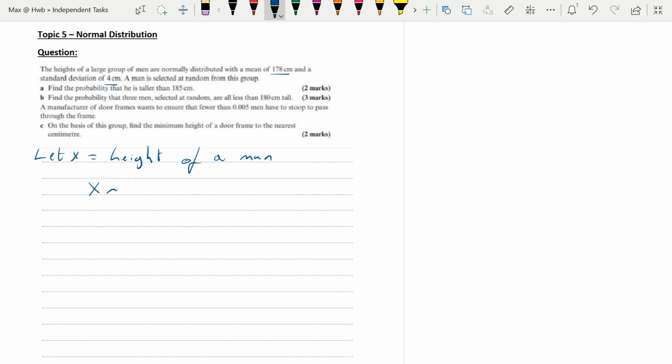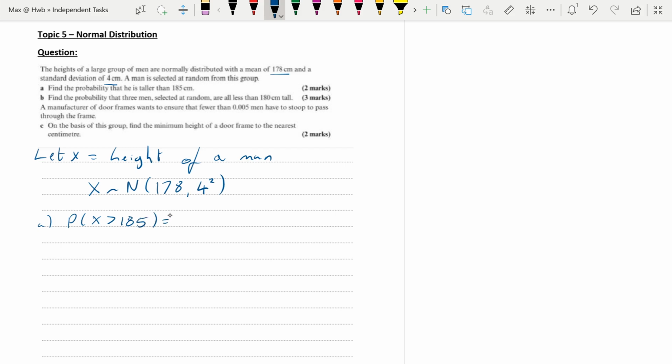So x would be normally distributed, with mean 178 and standard deviation 4, so variance 4 squared. So find the probability that he is taller than 185, so that x is bigger than 185 centimeters.